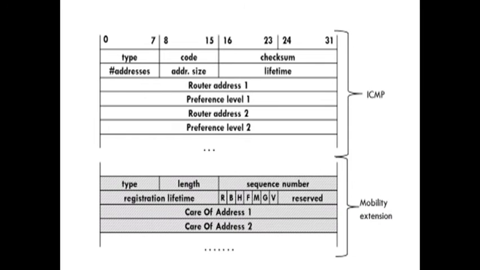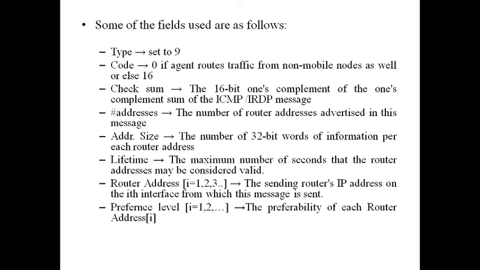And the next one is router address, which means the sending router's IP address on the ith interface from which the message is sent. That is the address where the ICMP message has come from or where the advertisement has been seen.